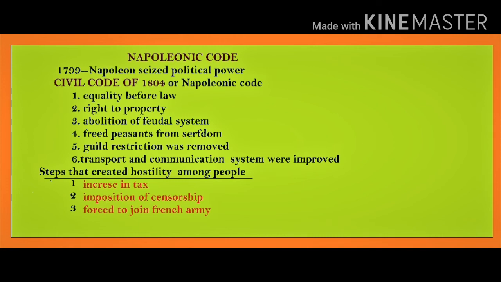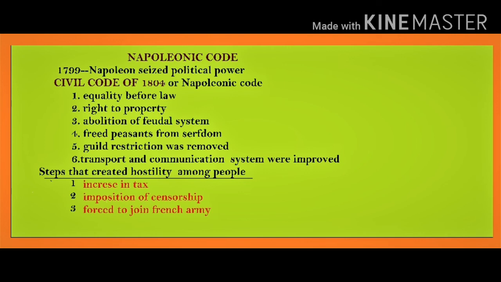Everybody now can secure the right to property. And now the feudal system was abolished. Feudal system means the peasants and serfs had to work on the farms of the feudal lords or nobles. Now he dismissed this feudal system and freed the peasants from serfdom.